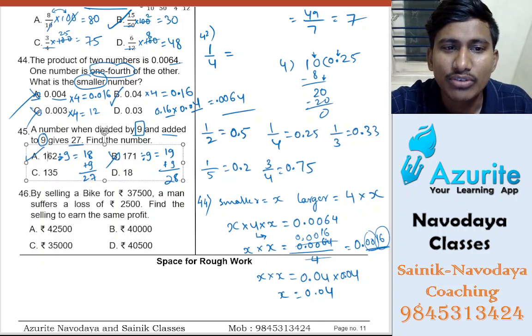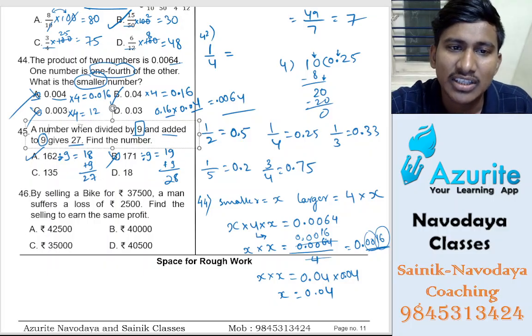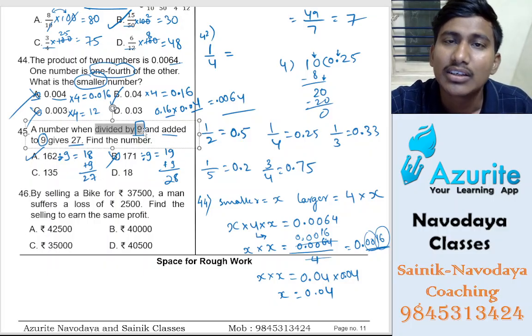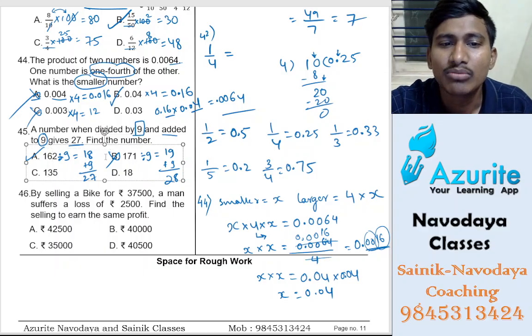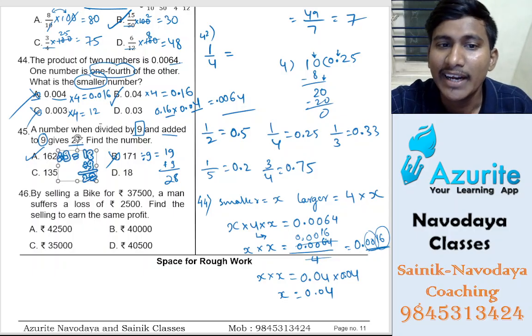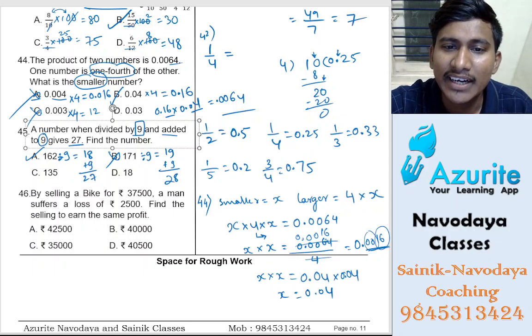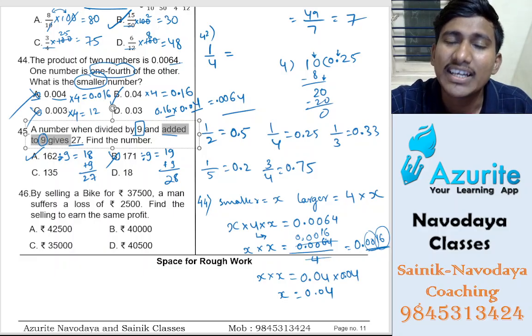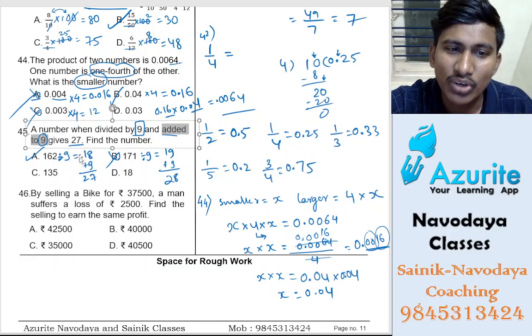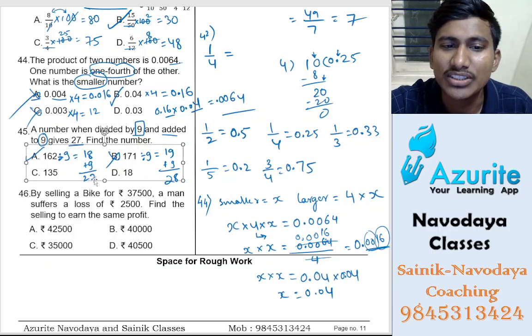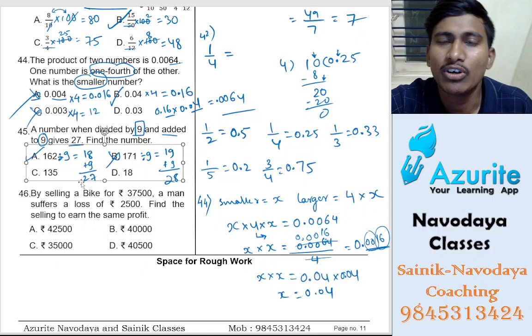So first what we have to do? We have to divide with 9. Now if you divide with 9, how much answer you will get? You will get 18. And if you add 9 to that, if you add 18 to 9, you will get how much? 27. So that is why option A is correct.